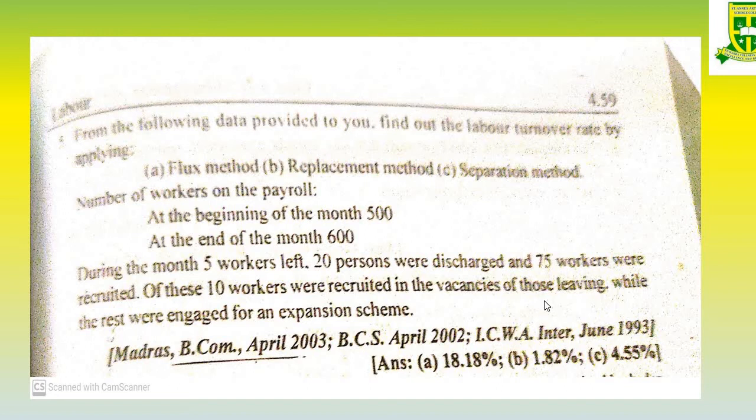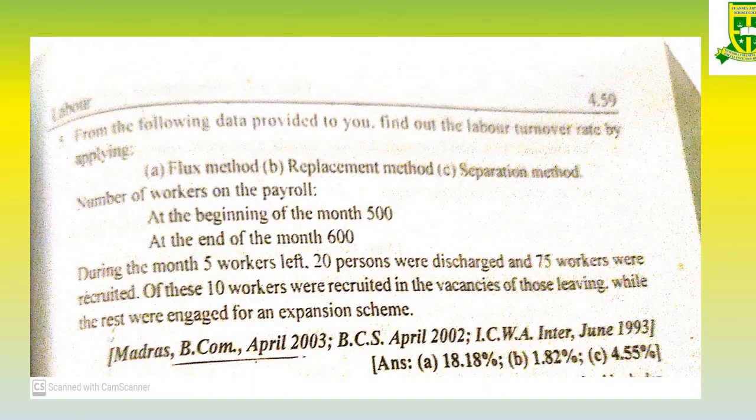So 10 is the replaced value in the particular year for those who left the organization, because they have clearly specified 75 workers were recruited. Of these, 10 workers were recruited in the vacancy of those leaving.